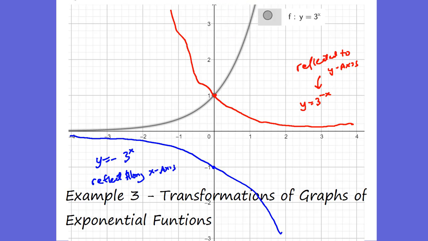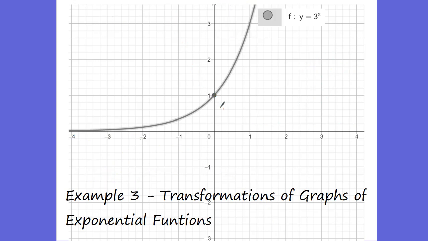There are two other transformations that we can be sure of, and I'll do these in different colors. One is if we put something like y equals 3 to the x power minus 2. If we put that minus 2 outside, what that does is it takes this point right here and moves it down 2 spaces. It takes this asymptote line and moves it down 2 values.